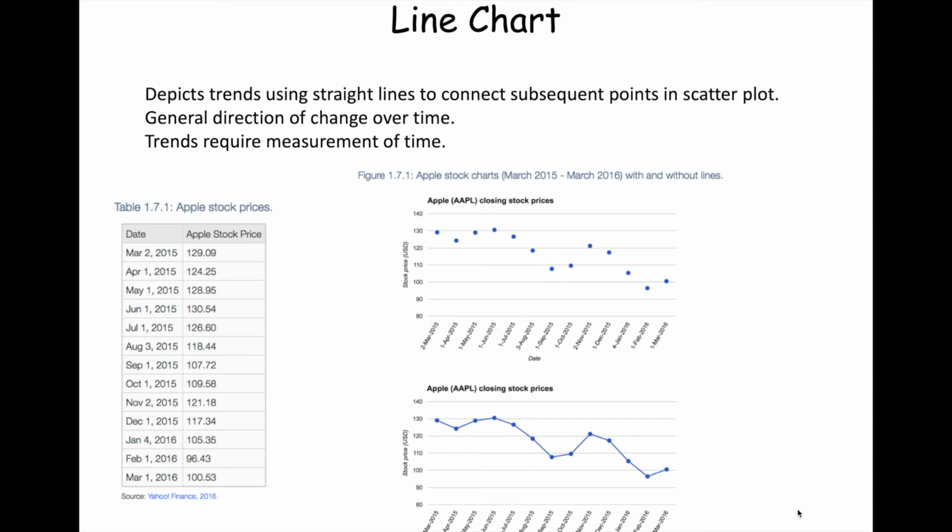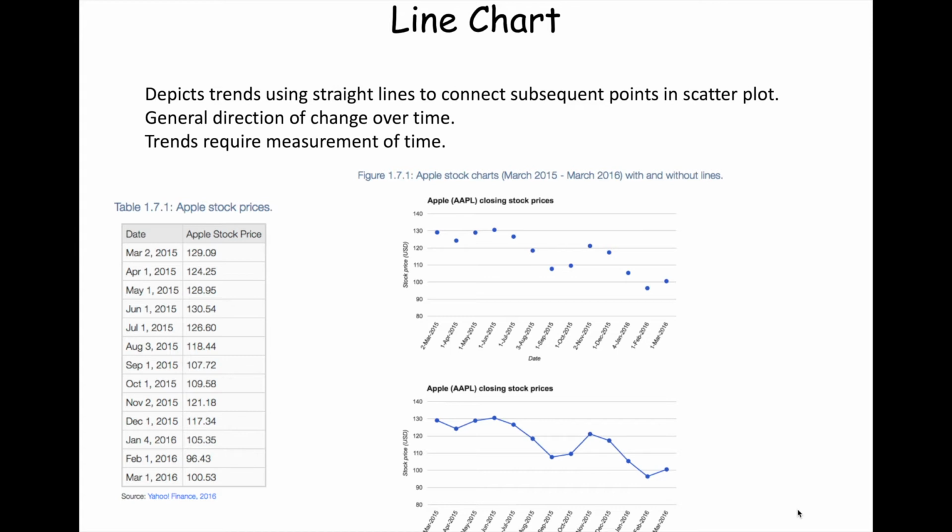You can take this scatter version of the line chart and connect subsequent points, going from further back in time to more recent, going from left to right in this plot. And this gives you a line that describes the performance of this security.